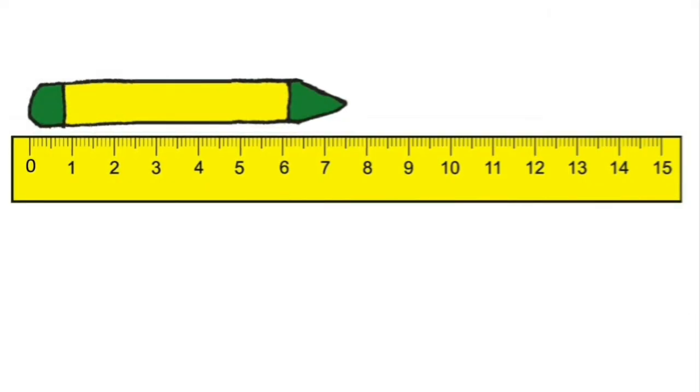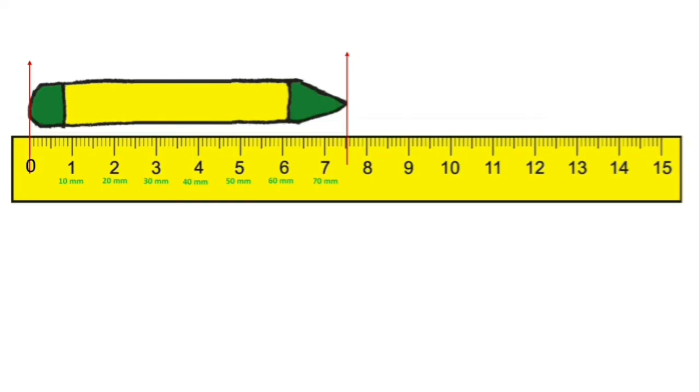Now let us measure this crayon in millimeters. Let us start from 0. So, here 10 millimeter, 20 millimeter, 30 millimeter, 40 millimeter, 50 millimeter, 60 millimeter, 70 millimeter.